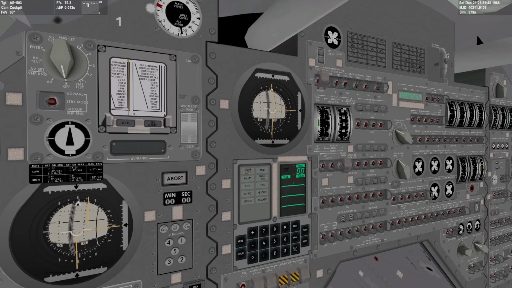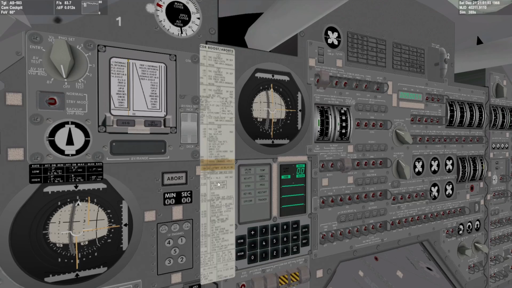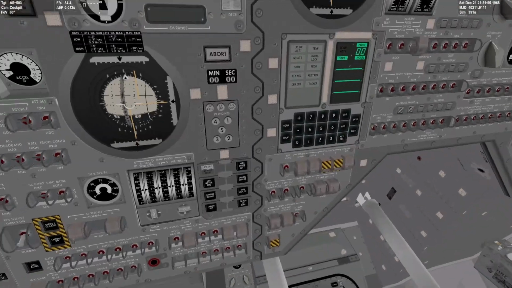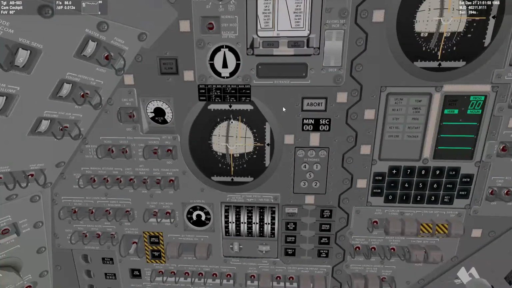So Apollo 8 generally uses a pitch and yaw of 331 degrees, which is noted in the checklist in the flight plan section. Ignore me, I'm testing a couple other experimental branches here with this 3D cockpit, so I'm probably going to be fumbling around a little bit.